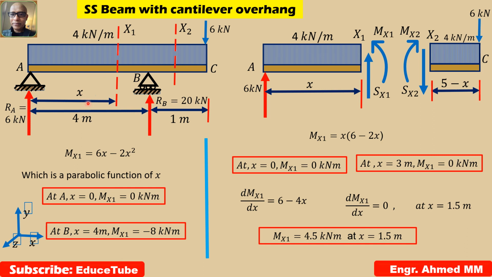Here it is 3 meters, it is 0. As well here at A equal to 0. So within this 3 meters, in the center 1.5 meters far, our sagging moment will be 4.5 kilonewton meters. So later we will see in the diagram.